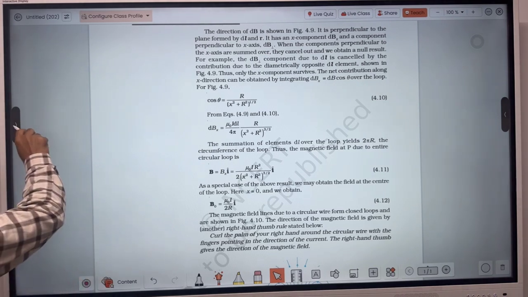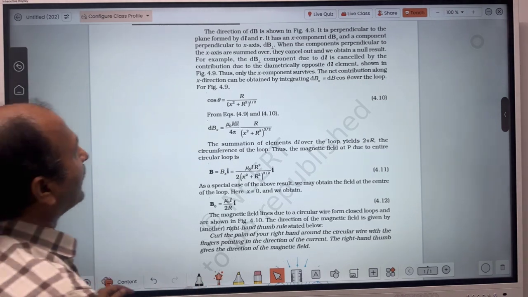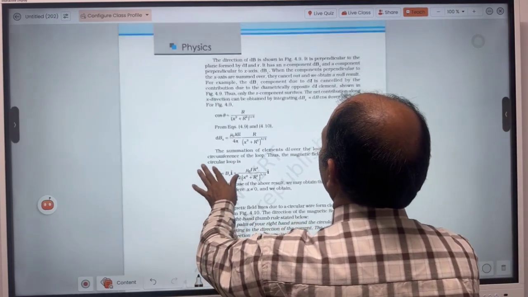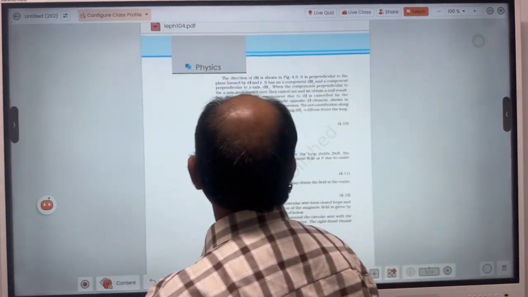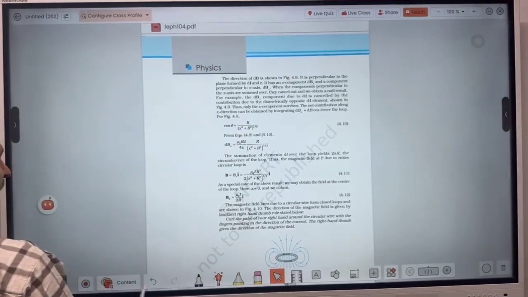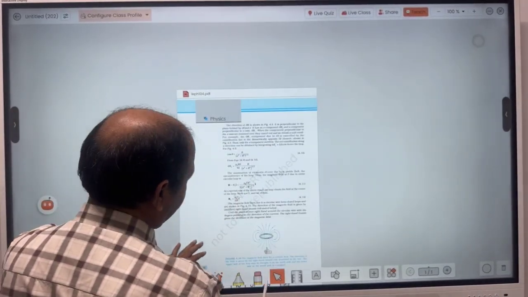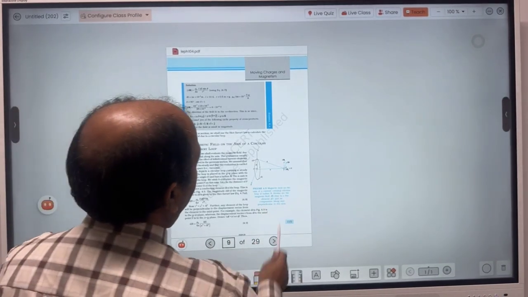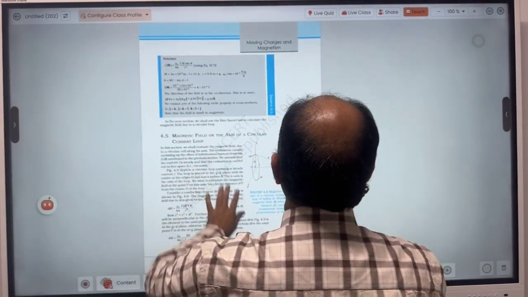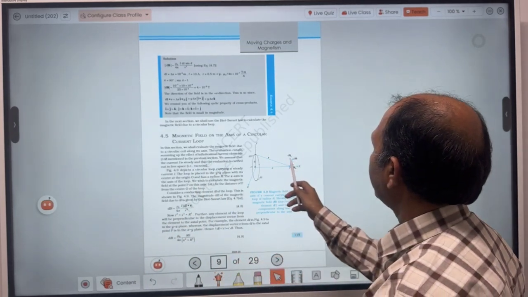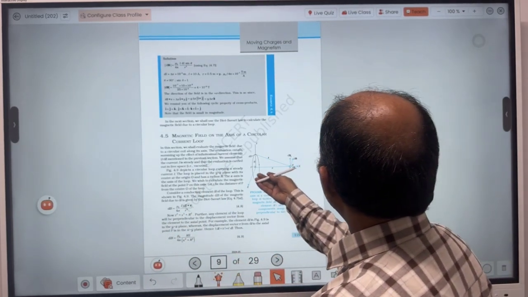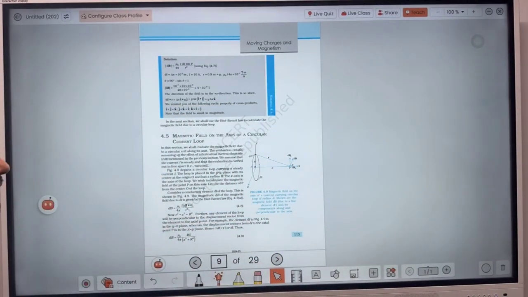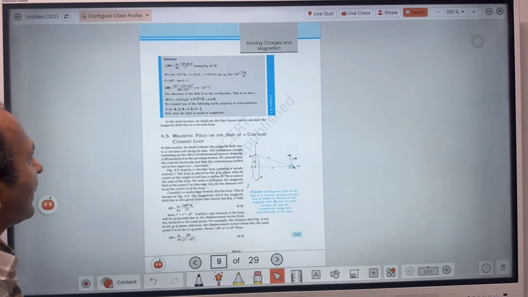In the previous figure, if you observe, you will see that the cos theta component will contribute to the magnetic field and the sin theta component will cancel out. In this figure, what will happen? The perpendicular component is shown like this, and this is the x component. So the cos theta component will add up and the sin theta component will cancel out.